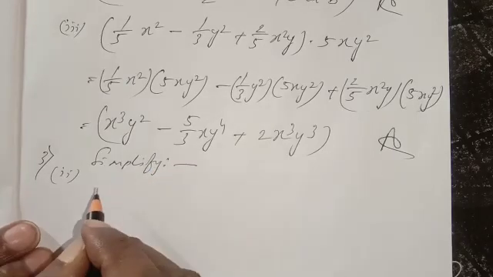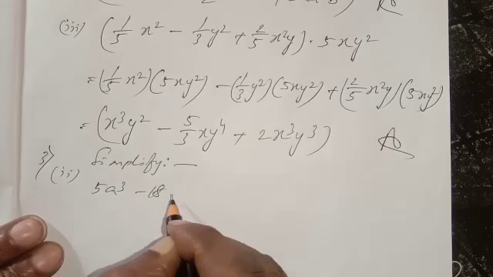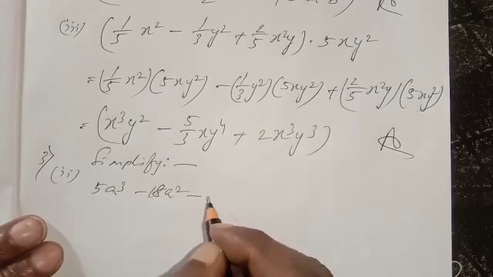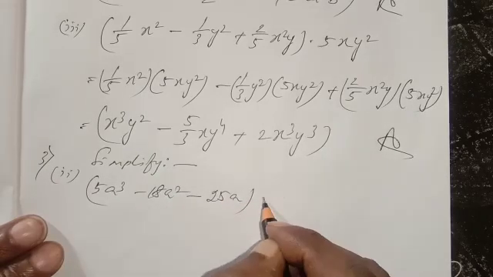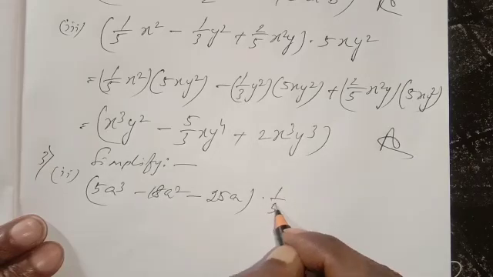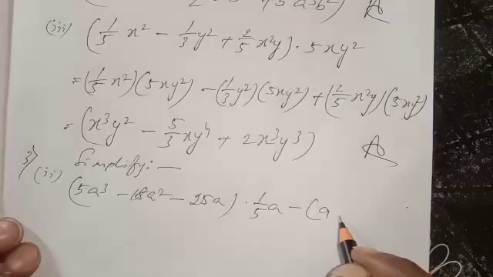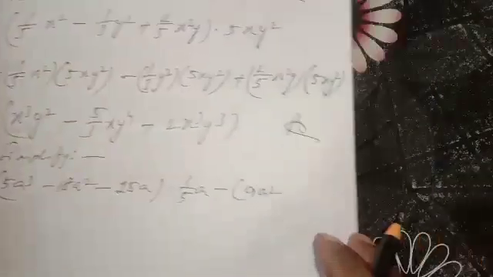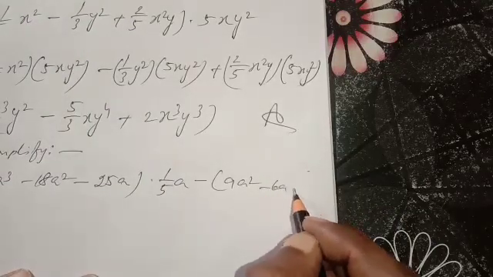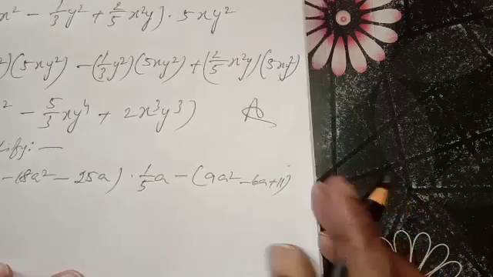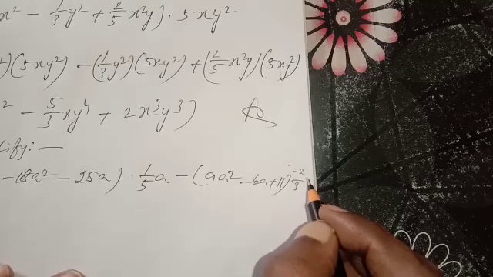Number 3, simplify, it is given 5a cube minus 18 a square minus 25a into 1 by 5a minus, inside the bracket it is given 9a square minus 6a plus 11, whole into minus 2 by 3a.